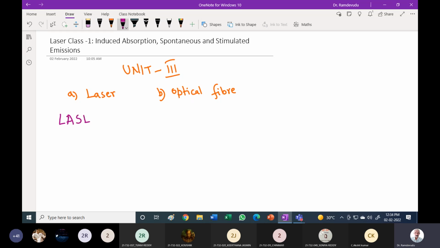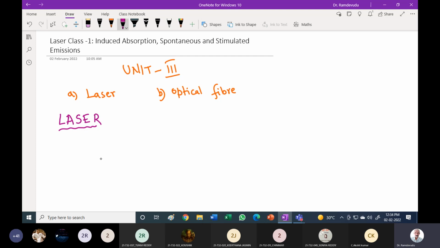Before going to see what a laser is and other basic things, can anyone tell me the full form of laser? It is an acronym, a short form. Can anyone tell me the full form of laser?